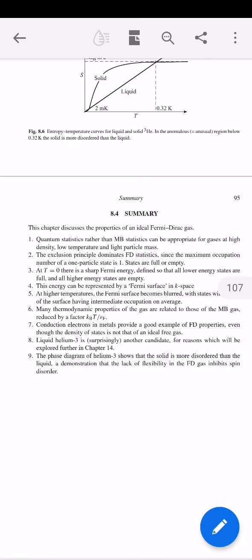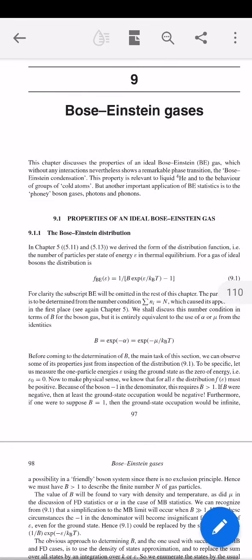Chapter number 8, quantum statistics: Pauli's exclusion principle, Fermi energy, Fermi surface, and then the conduction band of electrons, liquid helium, Bose-Einstein gases.